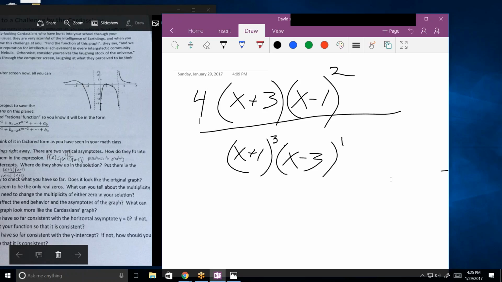Now, we know that it crosses that asymptote, has to, because the numerator is 0 when x is minus 3, and it goes through the axis.